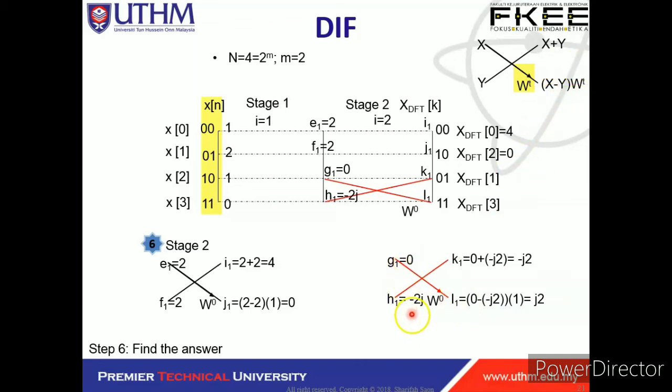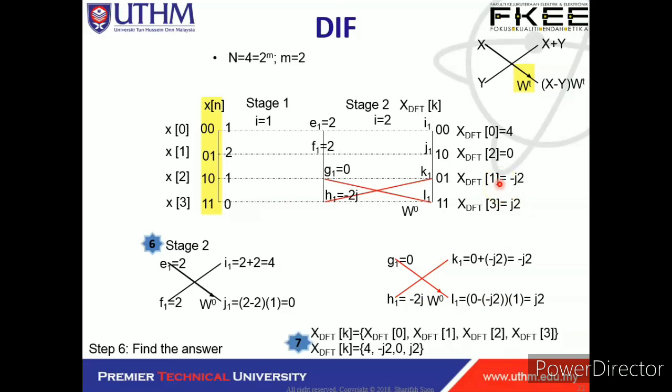So 0 minus negative 2j times W0, which is 1, we will get positive j2. Next you put the calculated values here: X DFT1 equals to negative j2, X DFT3 equals to positive j2.